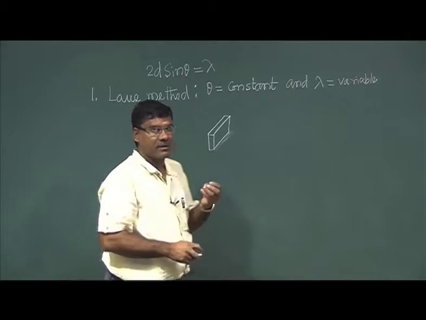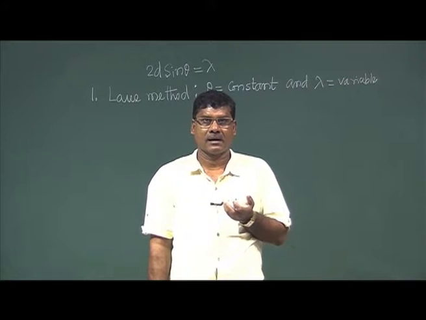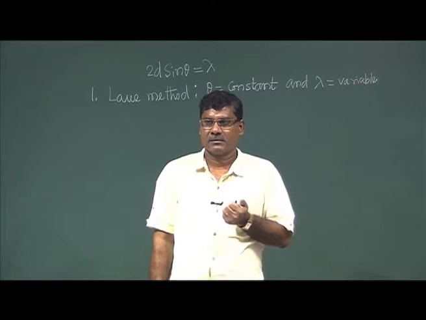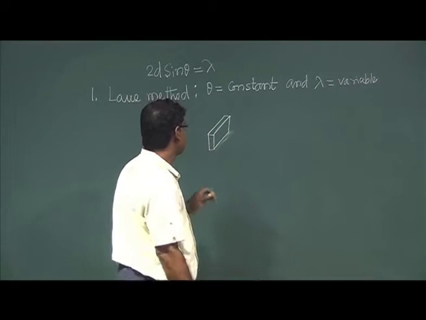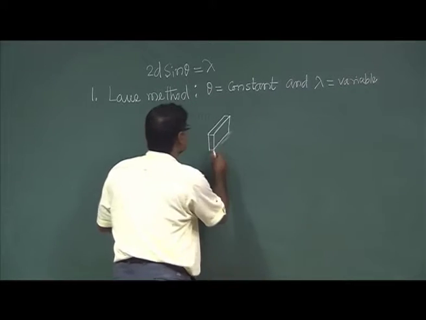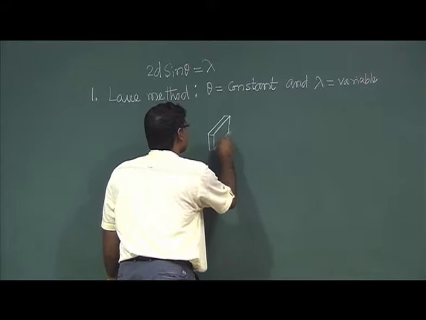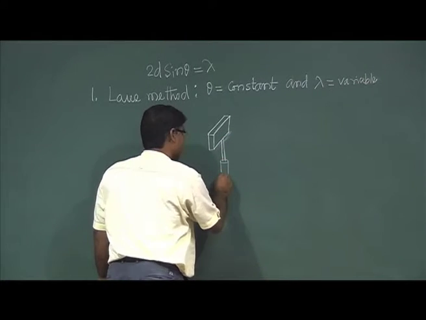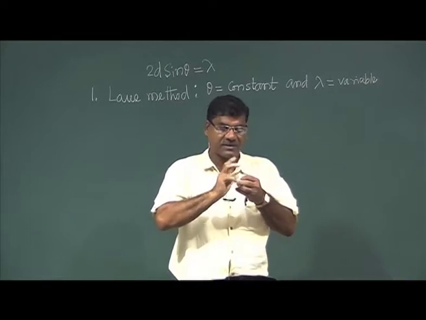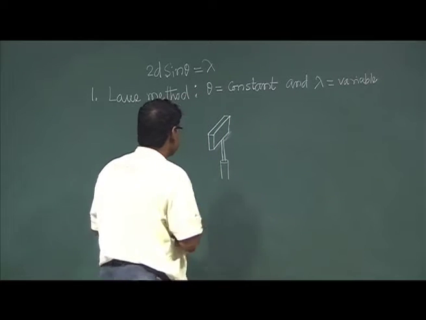This is a small piece of a single crystal. I have shown you this silicon single crystal. This small piece of single crystal is put on the head of a goniometer. Goniometer means you can change the angle.